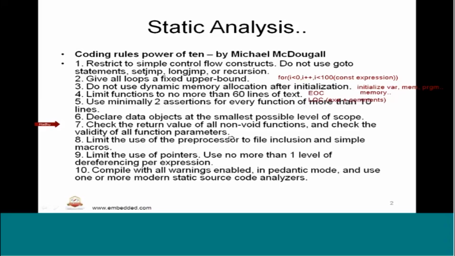You know void functions and non-void functions. Void functions will return nothing, or it will return 0. Depends on the system again, it could be 0 as a default value. Non-void functions will return a value. So check the return value of all non-void functions and check the validity of all function parameters.